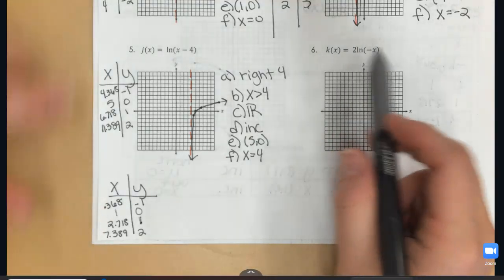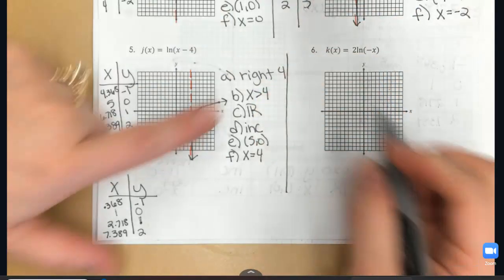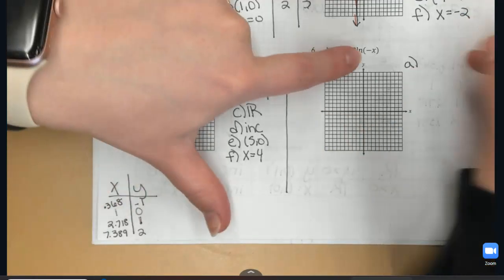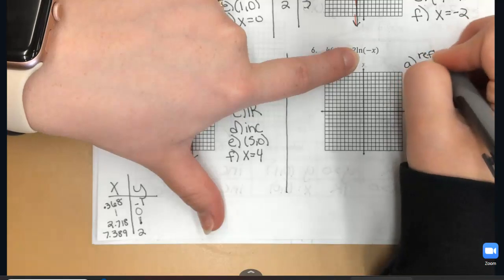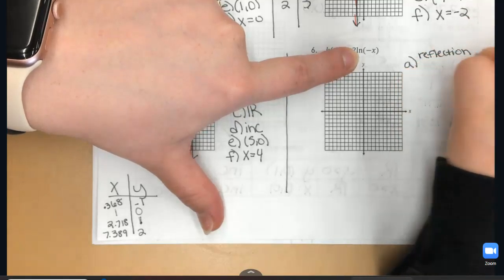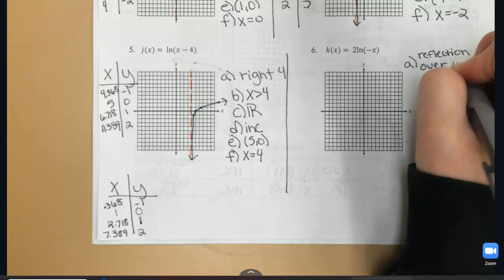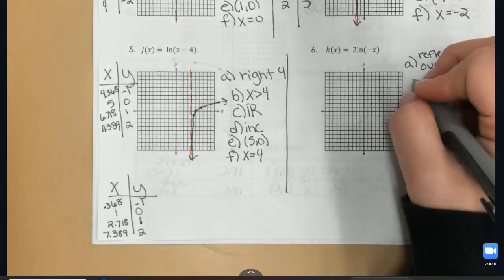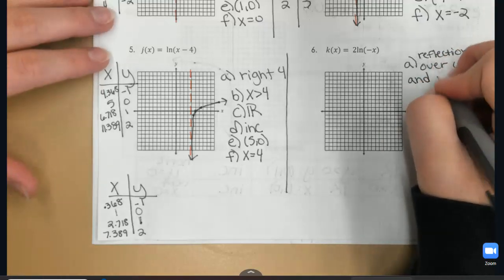All right, last but not least, on number 6 here, again referencing this table at the bottom left corner, the transformations happening here are a reflection in its inside. So that tells me it's going to be over the y-axis, and then that 2 on the outside tells me it's a vertical dilation by a factor of 2.